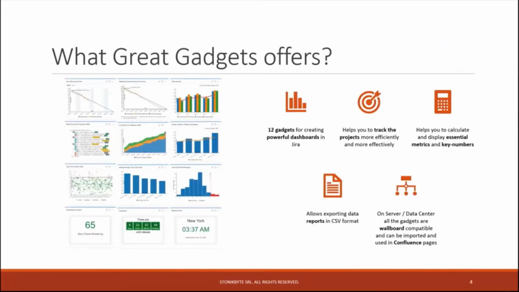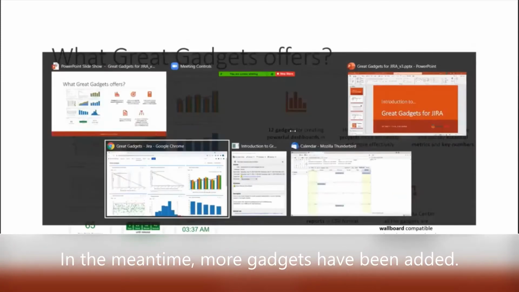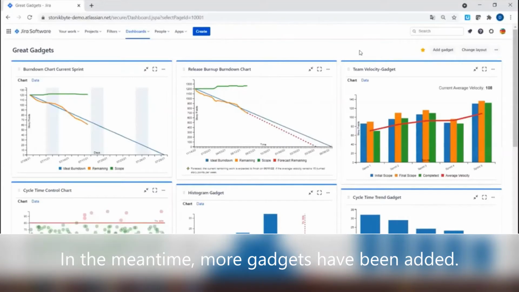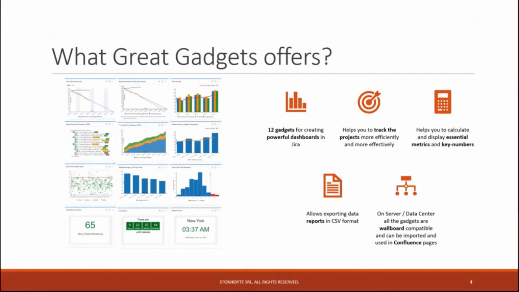What does Great Gadgets offer? Well, it offers 12 gadgets for creating powerful dashboards in Jira. I can show them here. I have a dashboard here with all the gadgets that are included. These gadgets help you to track projects more efficiently and more effectively.